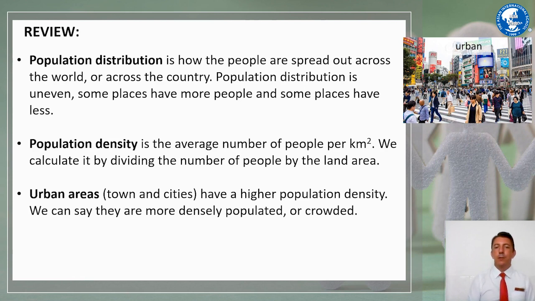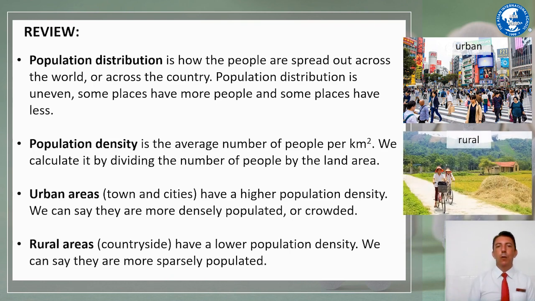Urban areas are towns and cities. They have a higher population density. We can say that they are more densely populated or more crowded. Rural areas are countryside areas, and they have lower population density. We can say that they are more sparsely populated. They have few people.